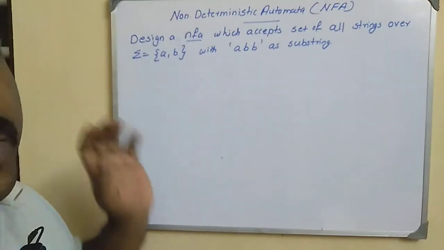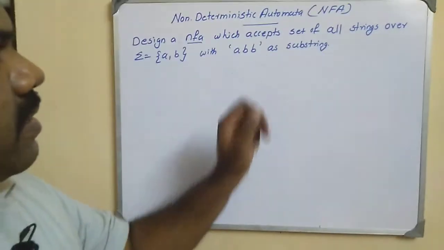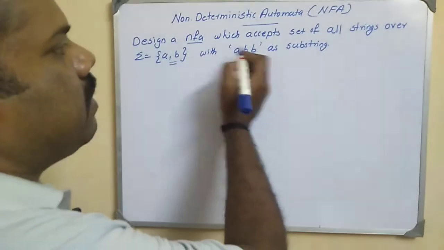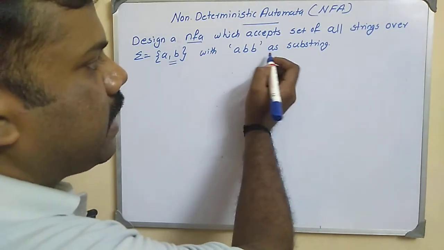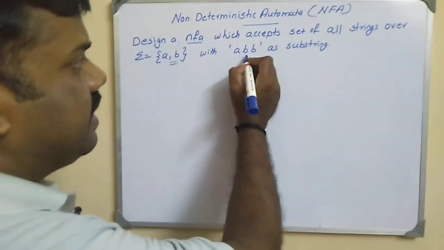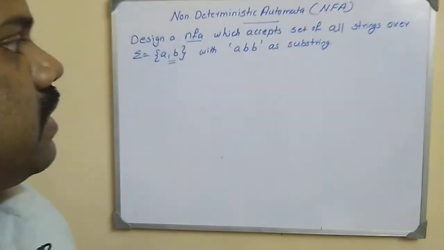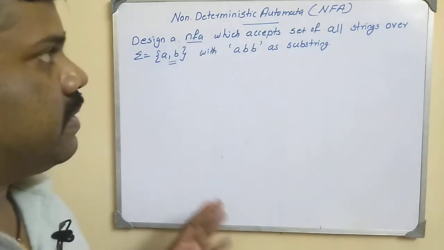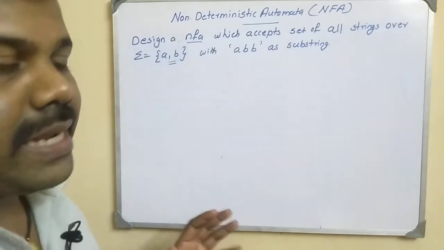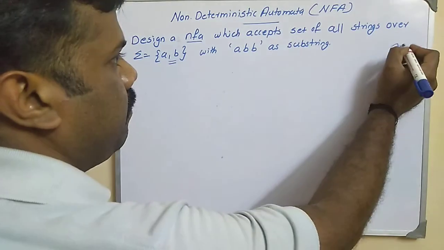So here is a simple question: design an NFA which accepts the set of all strings over sigma {A, B}, where every string that is accepted by this NFA ends with or contains a substring ABB. That is, every string in this language accepted by this NFA should contain the substring ABB.